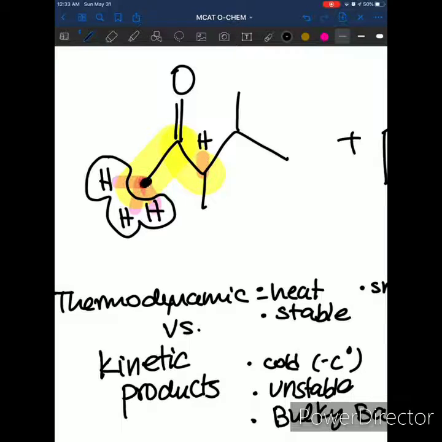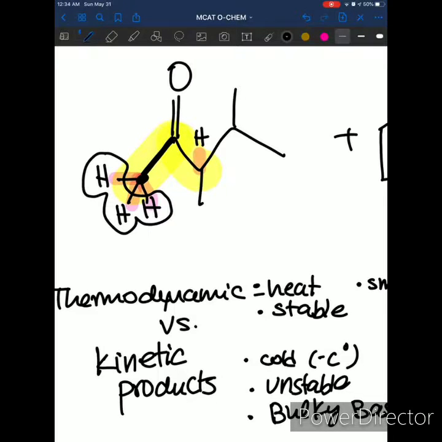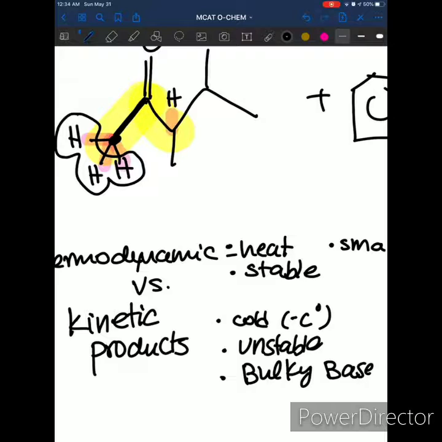And seeing as this carbon right here is not substituted, there's nothing around it, it's pretty much a methyl group sticking out, and it's not substituted, that tells me that it's very accessible, and I don't need a small base to squeeze in to fit it.